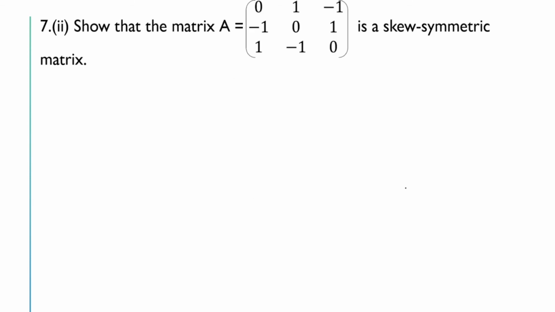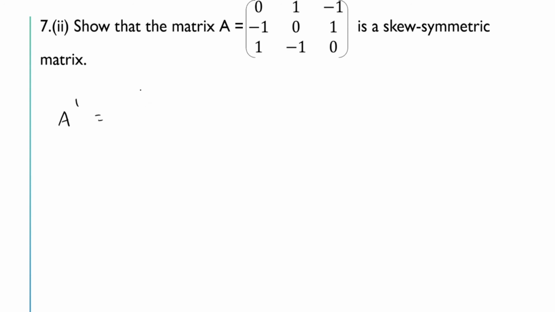Next question, show that the matrix A equal to 0, 1, minus 1, minus 1, 0, 1, 1, minus 1, 0 is a skew symmetric matrix. So a skew symmetric matrix is a matrix in which A is equal to minus A transpose. So first we will find A transpose.